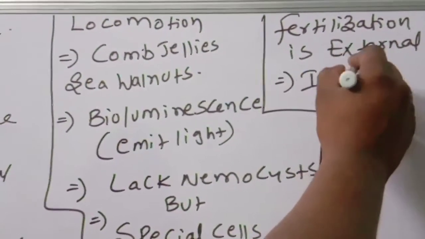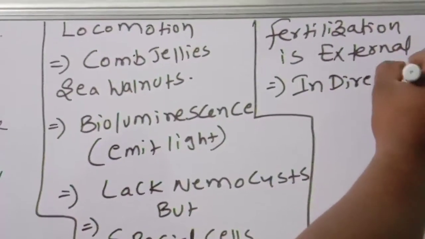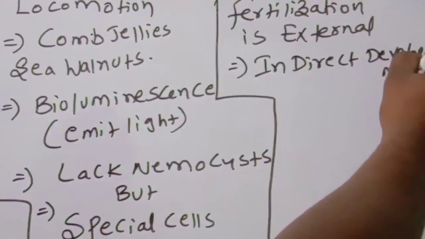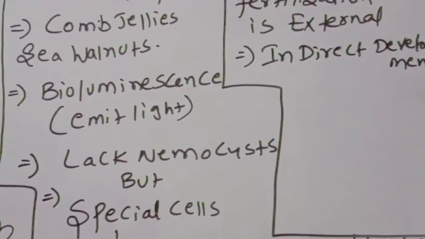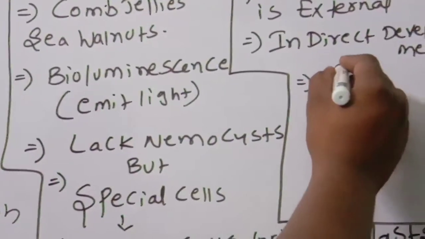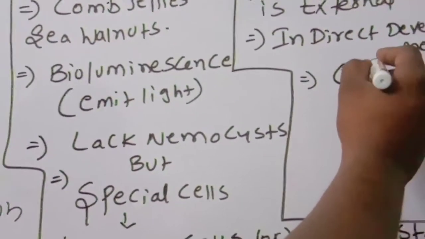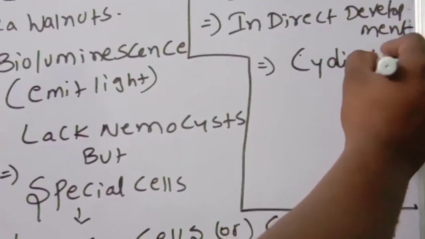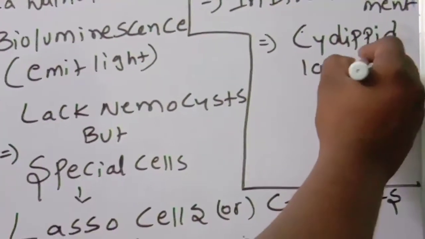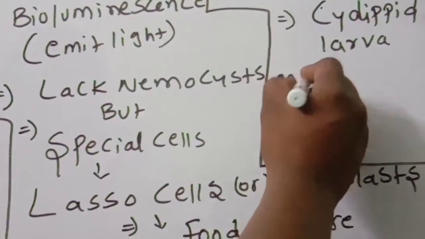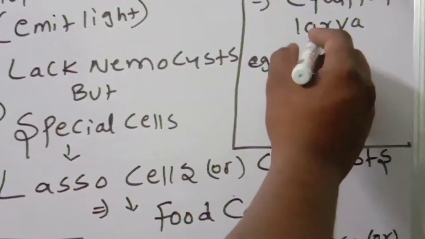So here also indirect development will be there. It means they have larval forms. What is that larva name? It is called the cydippid larva. Example of this, I am telling about Pleurobrachia.